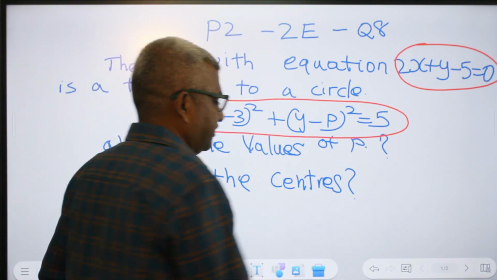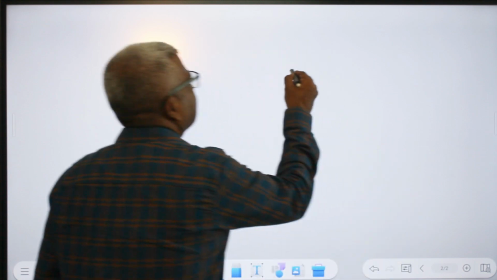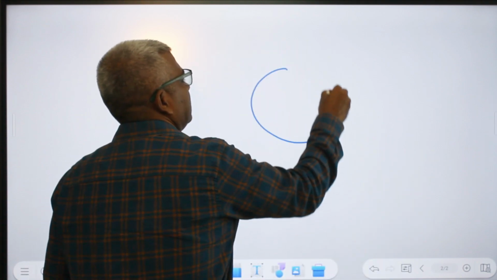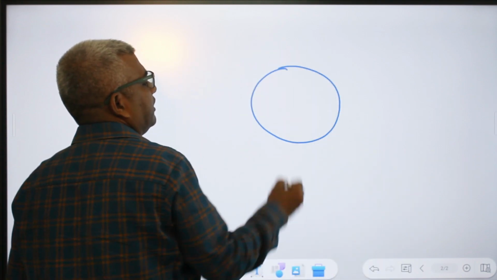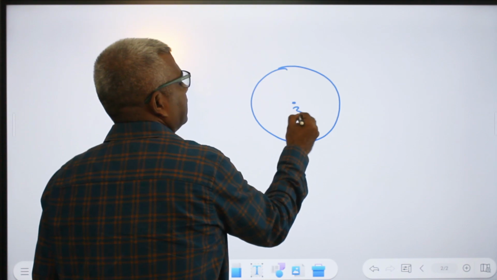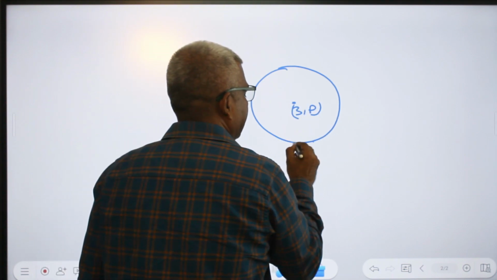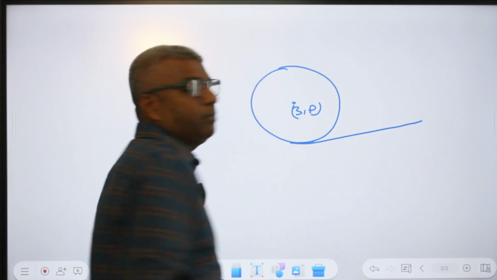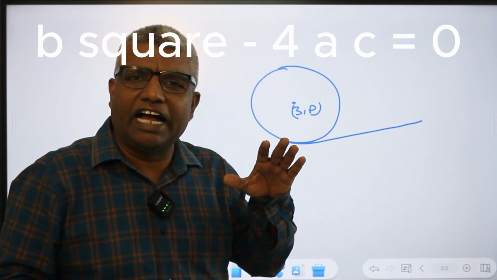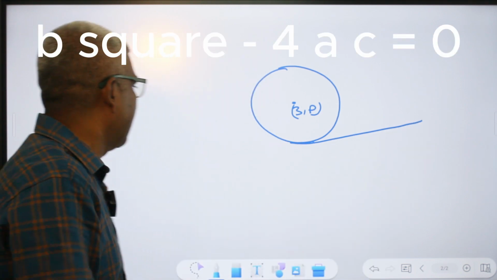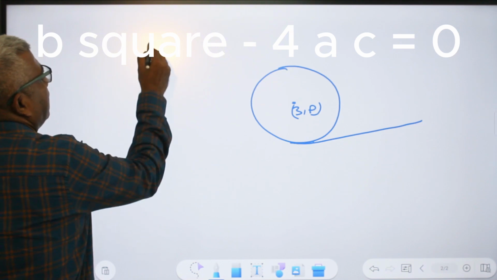Tangent means the circle touches the line at one place. At one place means what is the condition?